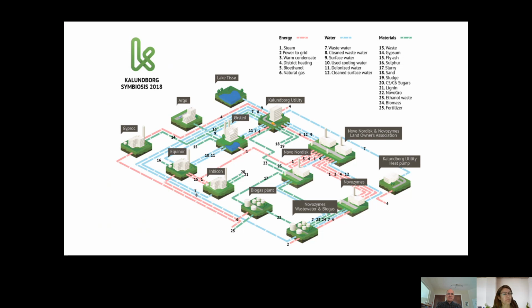This is from the Kalundborg industrial area in Europe, where you can see there are multiple plants here. There are what, 4, 8, 13 plants. Essentially, without getting into too much detail, the whole idea here is that what used to be a waste stream from one plant can be used potentially as a feed stream to another plant.